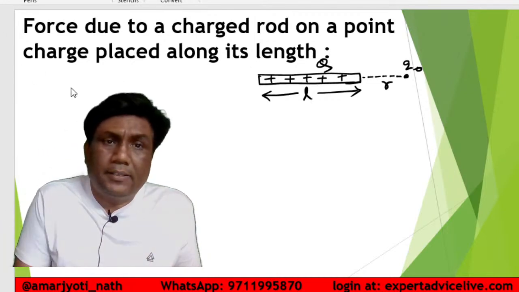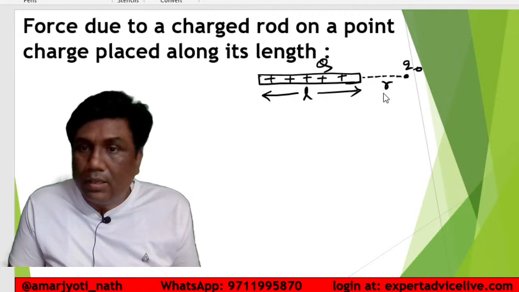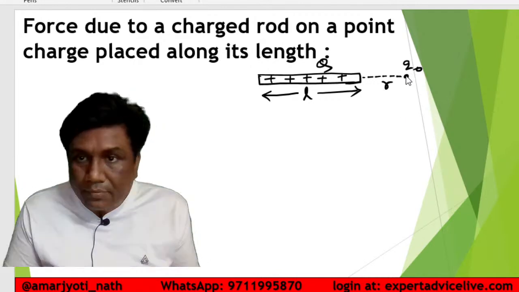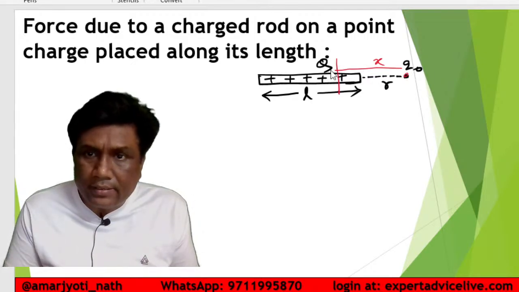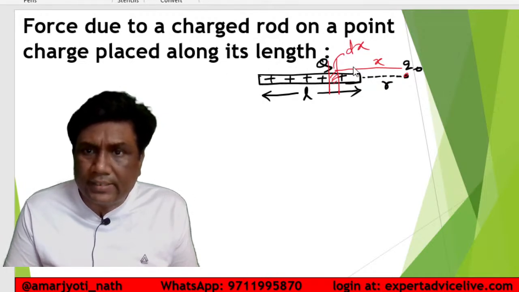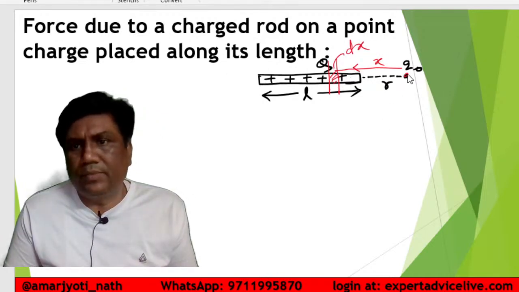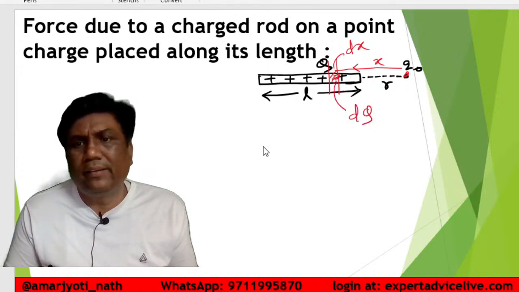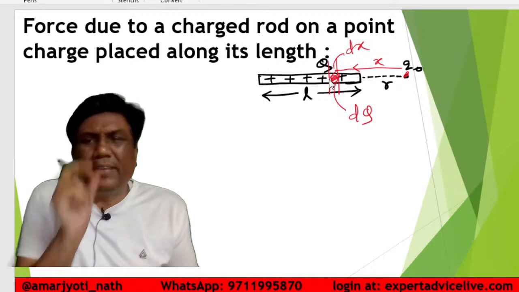What is that arrangement? On the rod, I take a differential element, a very small element of length dx, which is at a distance x from this point. As the length is very small, the charge also will be very small, so it behaves like a point charge.